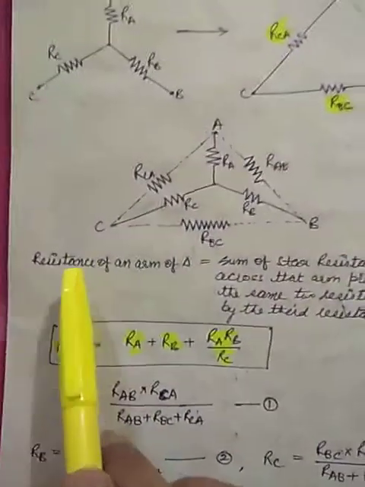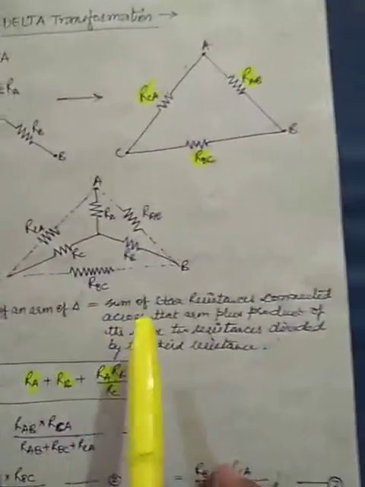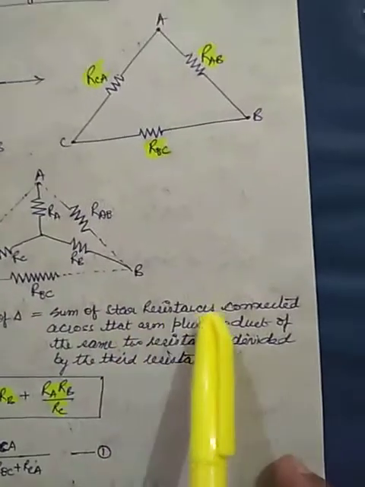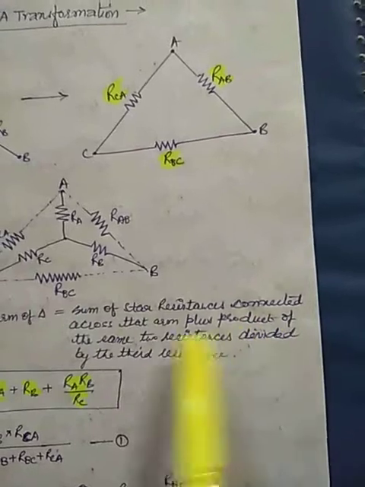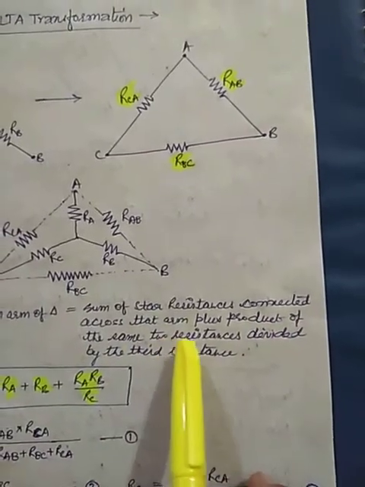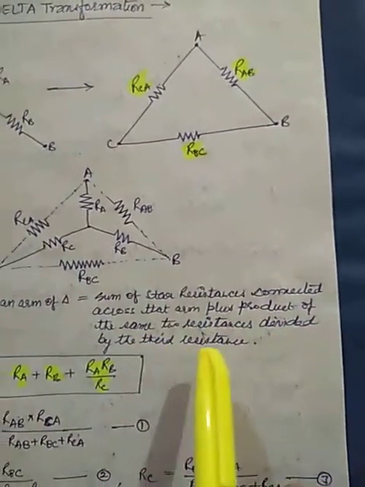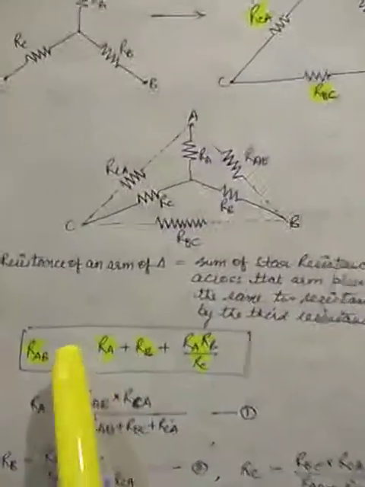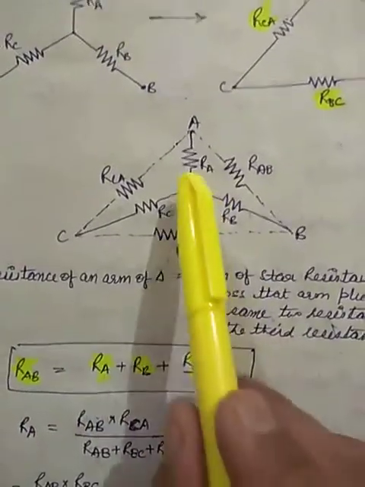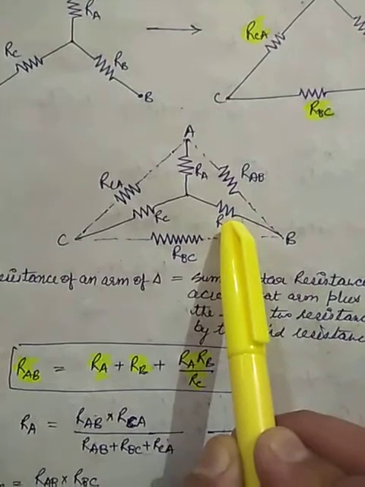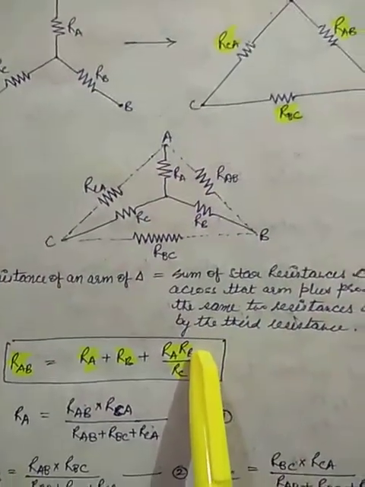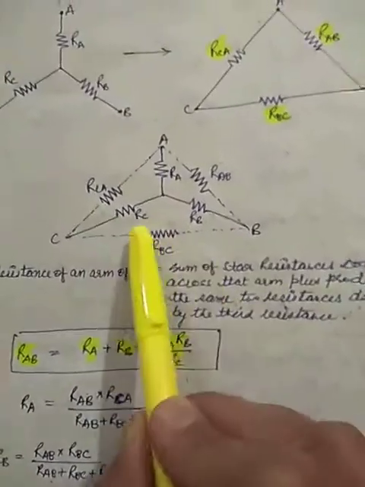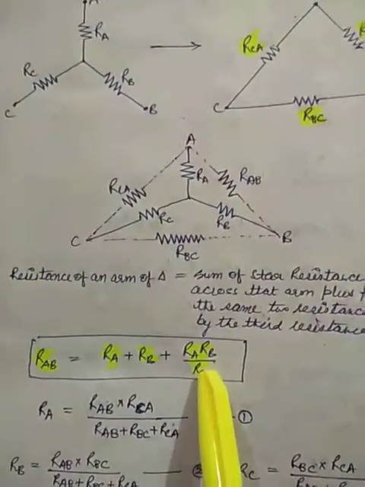Here we can see the resistance of an arm of delta is equal to the sum of the star resistances connected across that arm, plus the product of the same two resistances divided by the third resistance. So RAB is equal to RA plus RB plus RA into RB divided by the third arm RC.